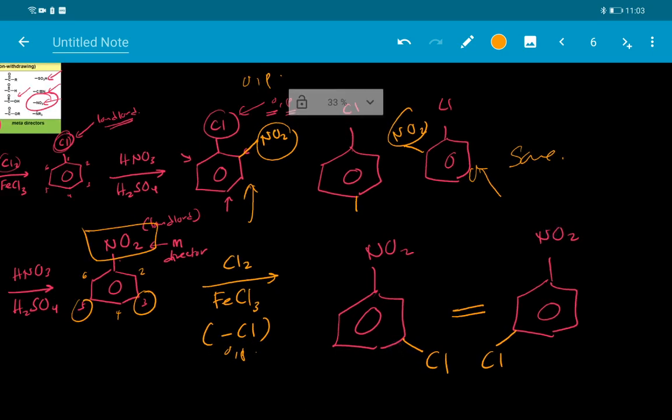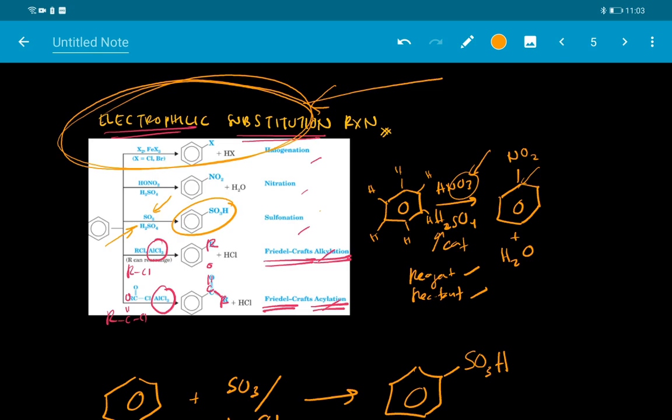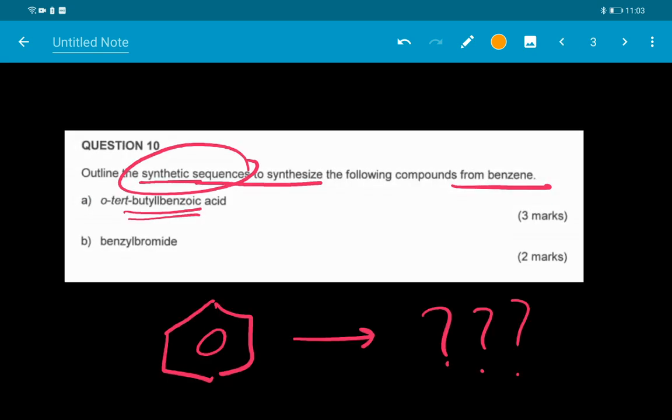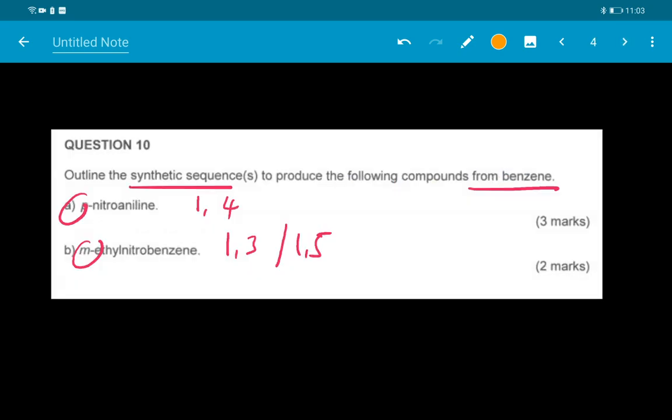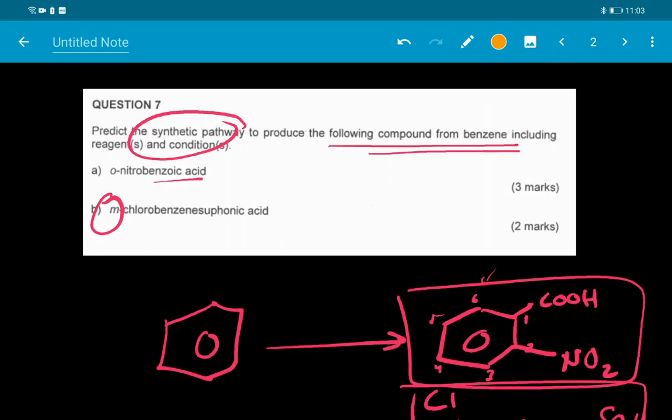Okay, let's take a look at the questions. I'm going to use this one for the first example. Sequence nitroaniline, ethene, nitrobenzene.